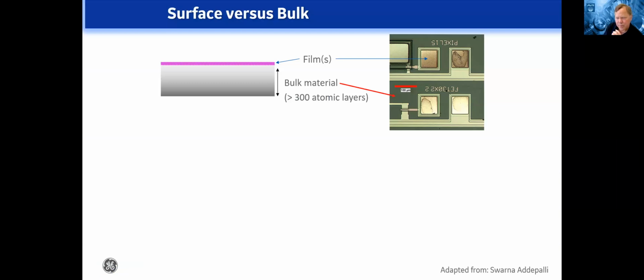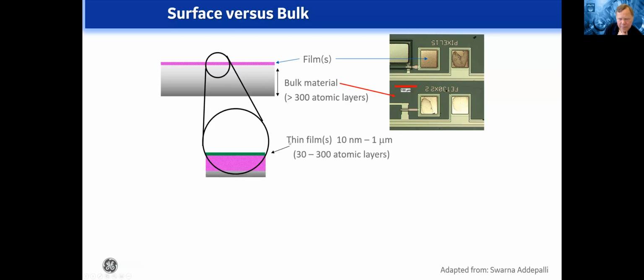So when you think about a surface, and when we're defining a surface, you could think of it in multiple ways. So there's film that could be on the outermost layer, and then behind the film, you have the bulk material. The film can be further classified as a thin film, and oftentimes a thin film will be sitting on top of a thicker film on the substrate. And thin films are usually in the tens of nanometer to 1 micron range.